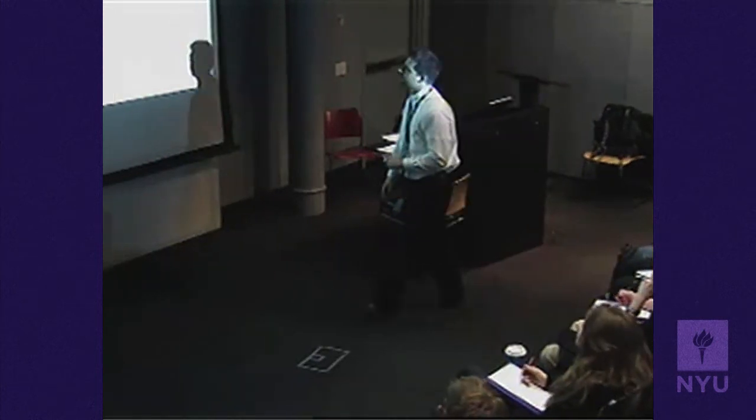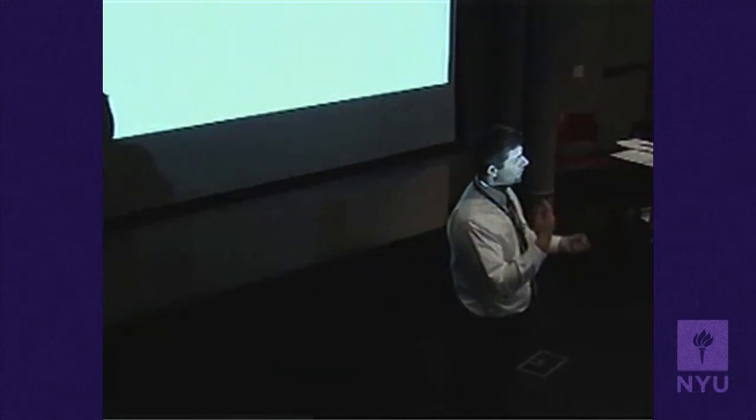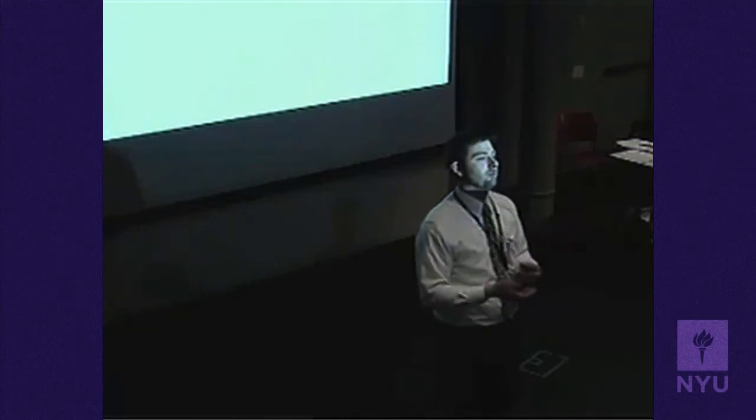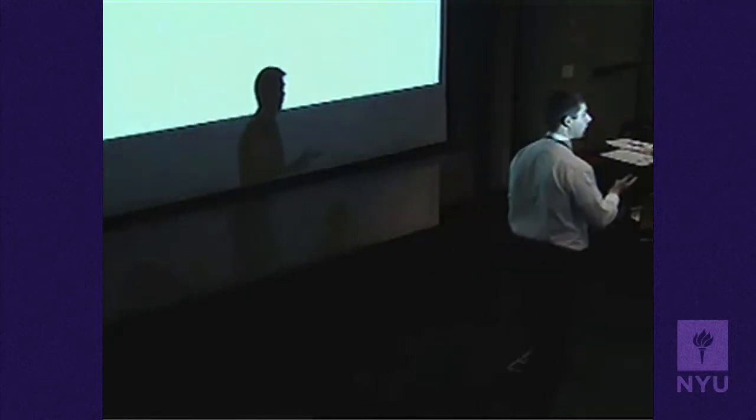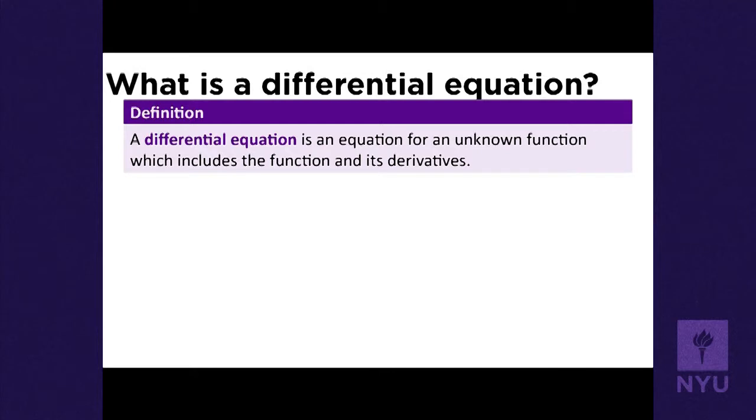The basic idea is that a differential equation is an equation where the unknown thing is a function. Most of the time we think about equations as a statement about a number, like x squared minus x plus 3 equals 0. That's an equation for an unknown x. But a differential equation is an equation for an unknown function, and the information that's given in the equation involves the function and its derivatives.